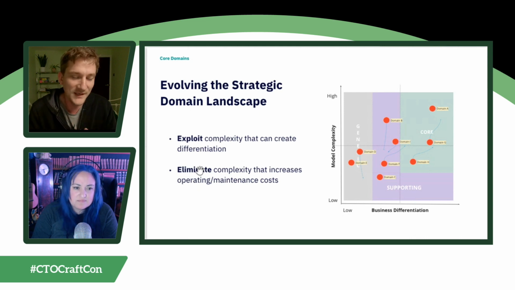But with domain B, we've got accidental complexity there. It doesn't need to be that complex. So by making it simpler, we can reduce that investment in that domain and perhaps put more people in domain G, for example. So looking at the whole landscape, how would we like to evolve each of our domains? This is our strategic options. And then from here, we'll make some choices about where to invest.